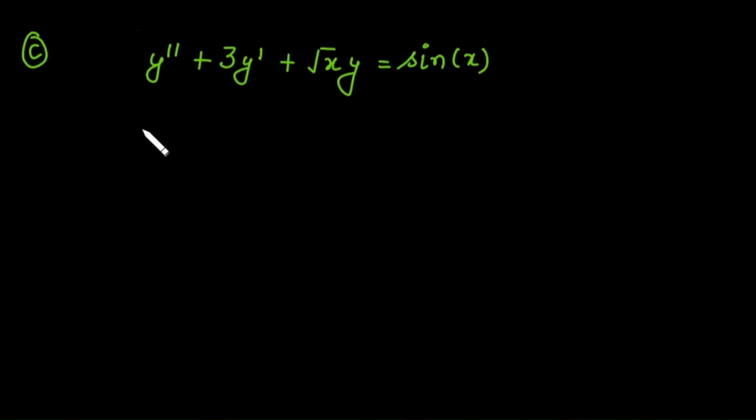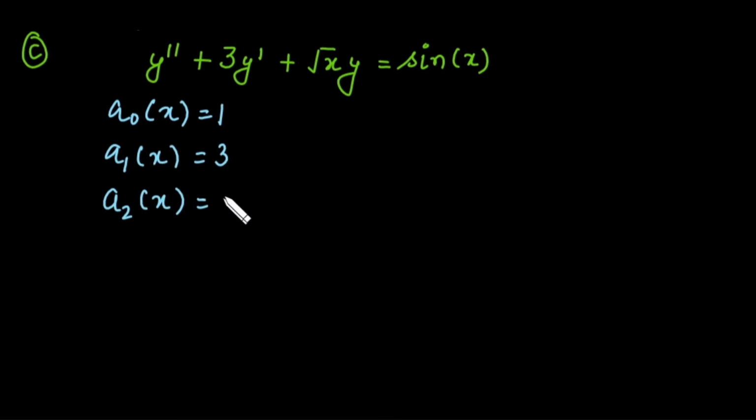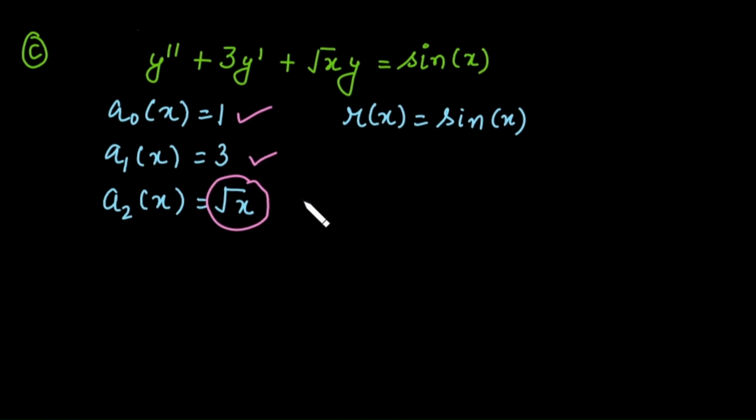So in the next example, let's calculate the coefficients first. a0(x) is equal to 1. a1(x) is 3. a2(x) is root x. Then we have R(x) as sin x. Now in this case, this is a continuous function for every value of x. Same for this one. But this function is continuous when x is greater than 0.